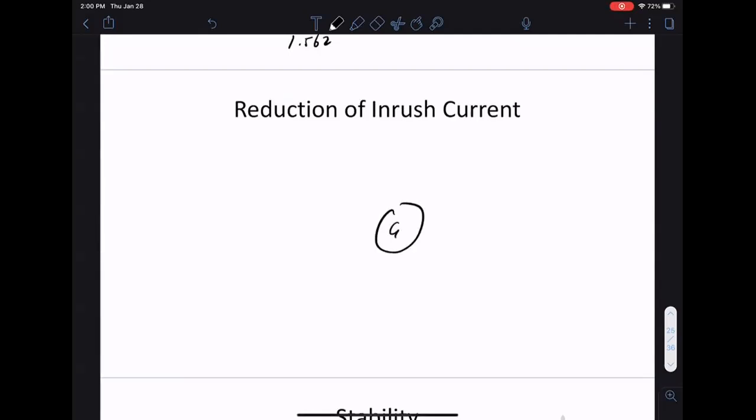This G stands for the generator, generating three-phase power. Let me just draw a single phase for simplicity. So I have a generator generating power, but my generator tends to produce a large amount of current. I have the grid on this side. So what do I put in the middle, to make the current appear smaller?